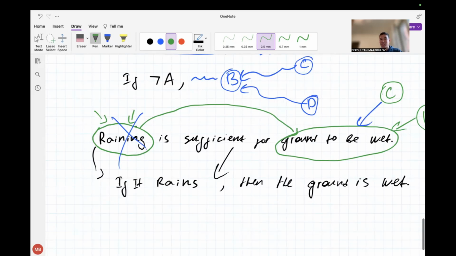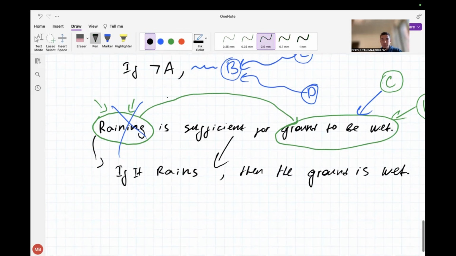So raining is not necessary for the ground to be wet, but it is sufficient. It is not necessary means that you could still have this one without having this one.